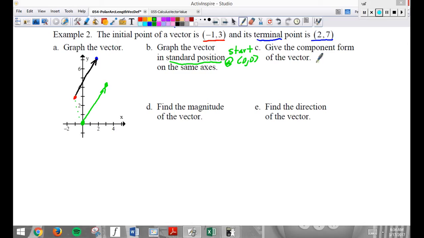The component form of that vector is the same as this. So component form, here I go, I would do terminal minus start, comma. And now we just plug in.